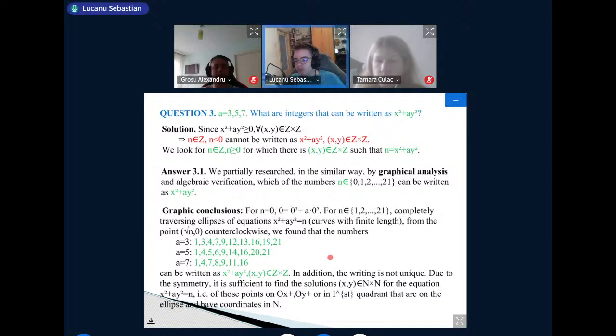Using the same methodology, we also studied the cases 3, 5, and 7. By graphical analysis, we found that for n equals 0, 0 equals 0 squared plus a times 0 squared, and for n from 1 to 21, completely traversing the ellipses of equation x squared plus a times y squared equals n, from the point (square root of n, 0) counterclockwise, we found which numbers can be written as x squared plus a times y squared.